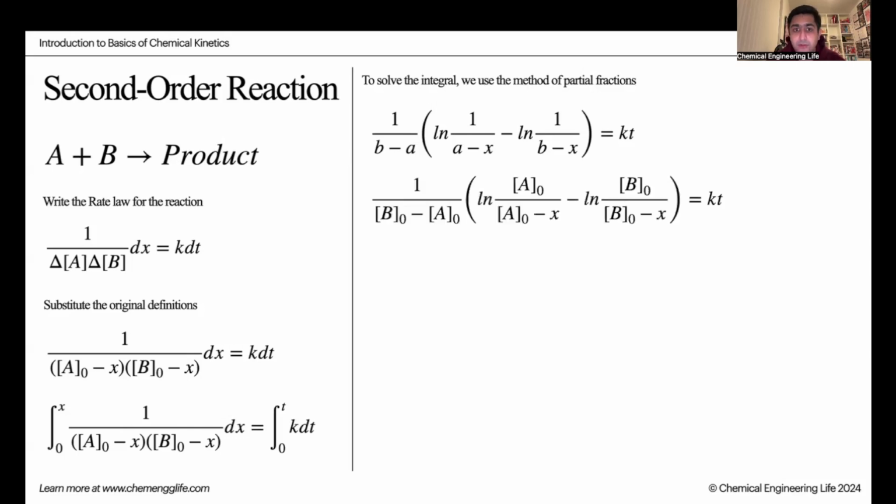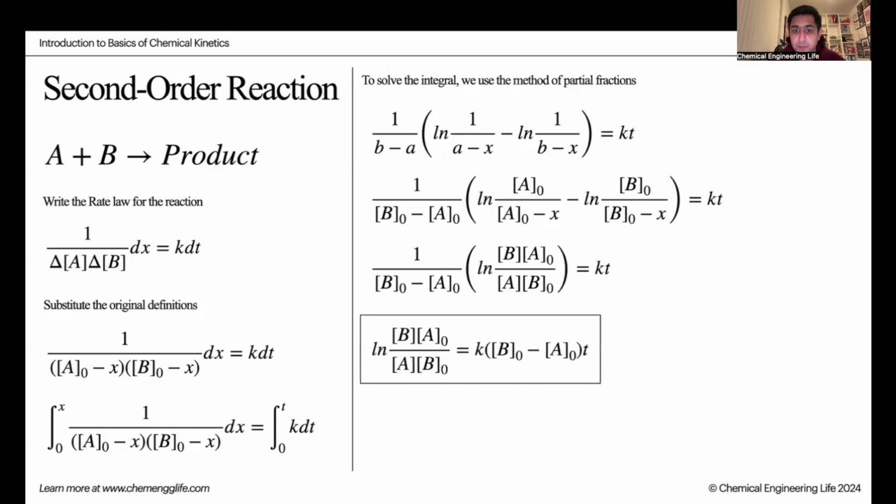And now we will introduce all of our original substitutions. So instead of B and A, we will use the notation initial concentration of A and the initial concentration of B. By doing so, and then by using the definition of logarithms, we end up getting an expression that looks something like this. And on the right-hand side, we just simply have k times t.